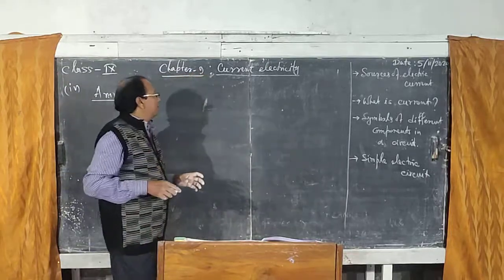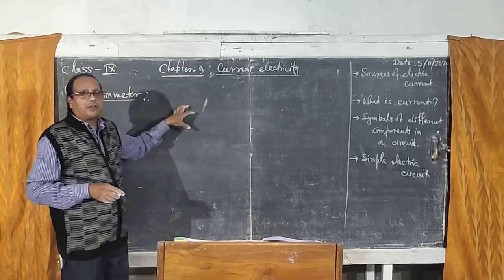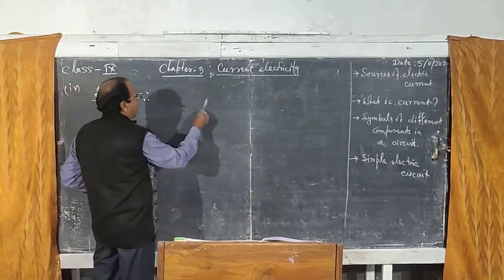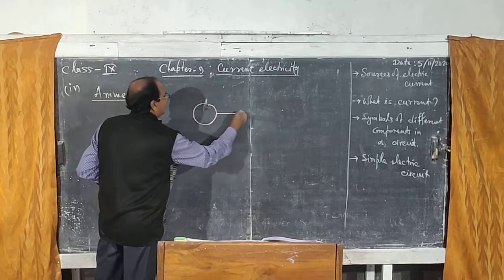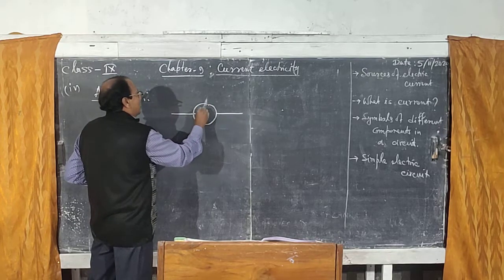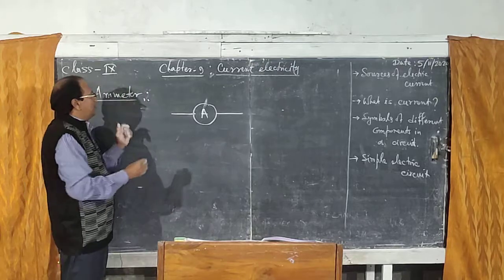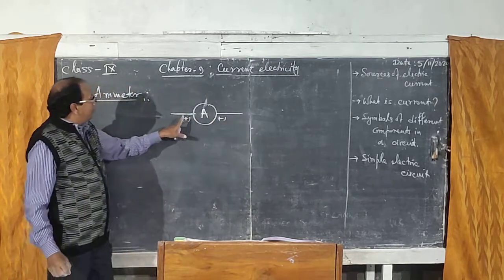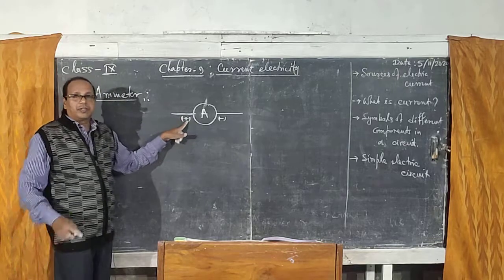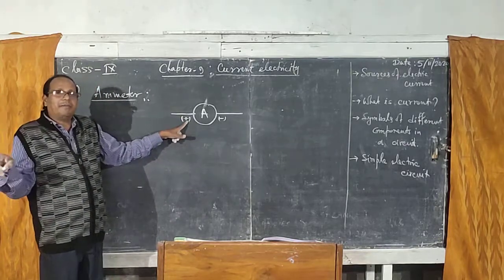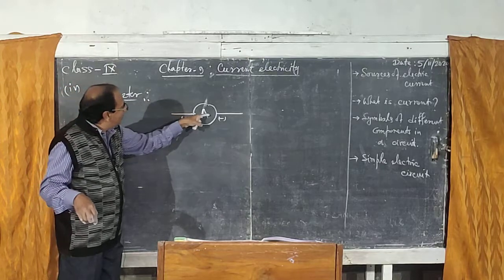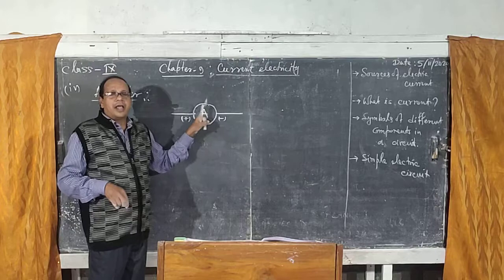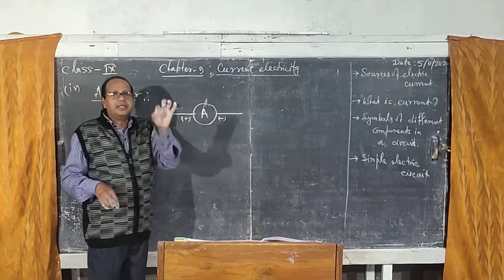Ammeter is used to measure the strength of flow of current, and symbolically we have one circle written as A. A stands for ammeter. It has two terminals, positive and negative. Make sure that the positive terminal is connected to the positive terminal of the cell or battery, so that current through the ammeter will flow from positive to negative terminal. And ammeter is always connected in series.